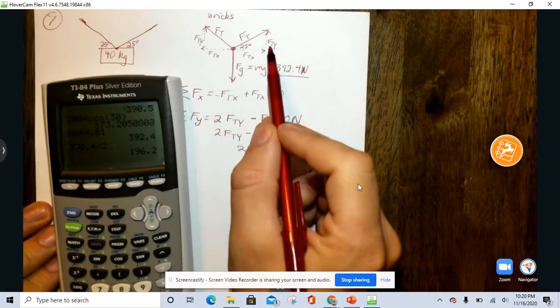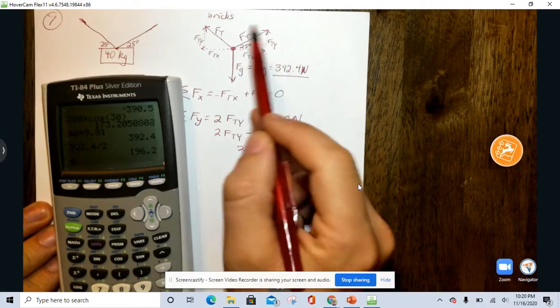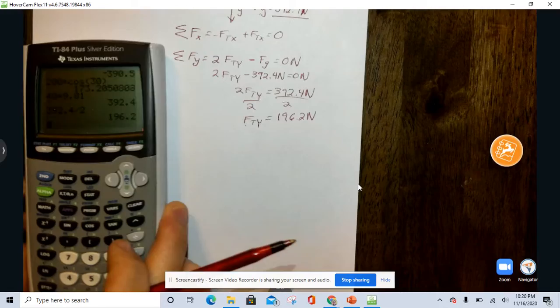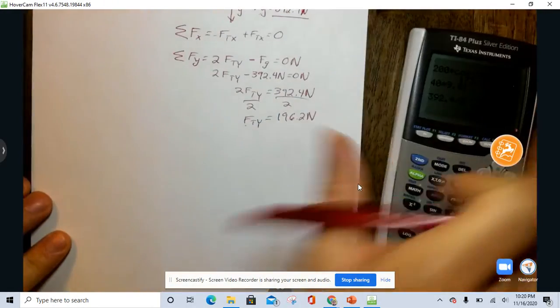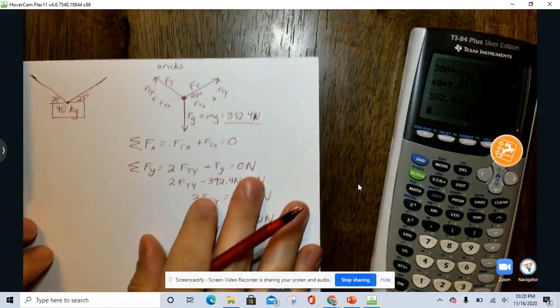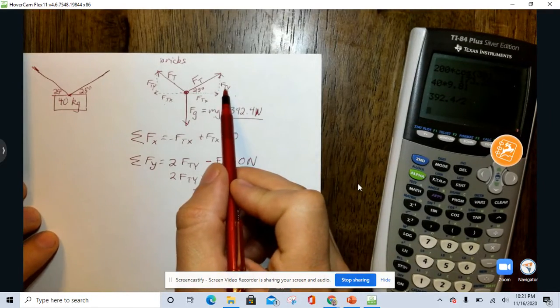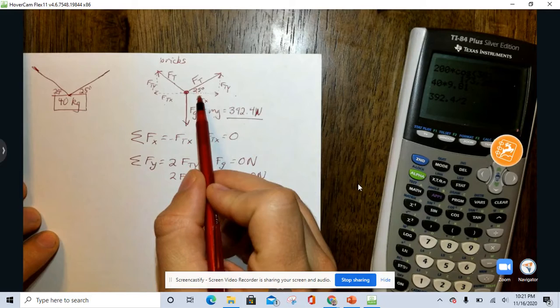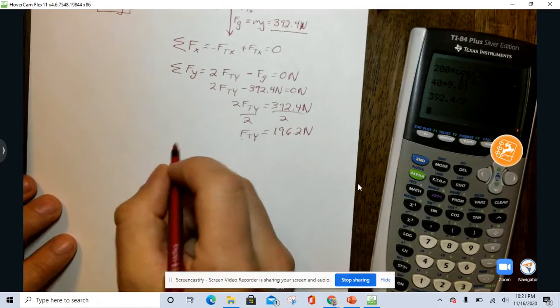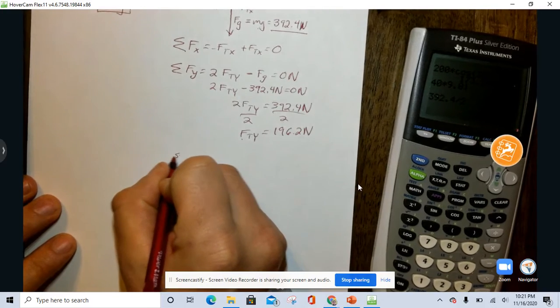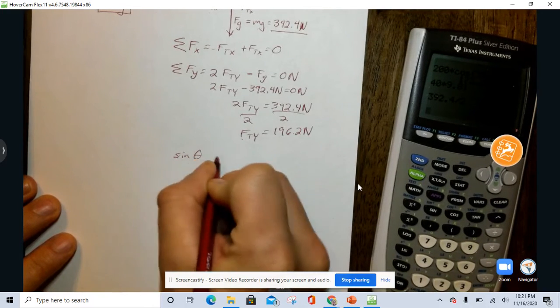If we know this side here, how can we figure out FT? Well, as I mentioned in other videos, this side is opposite to the angle. So if we're dealing with the opposite, we're dealing with sine of theta.